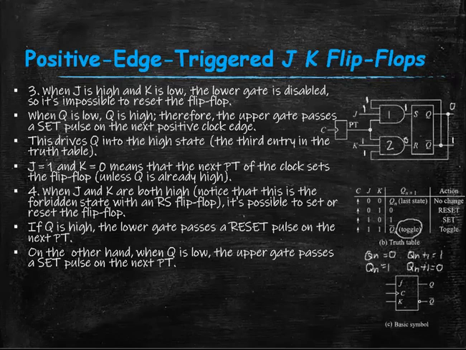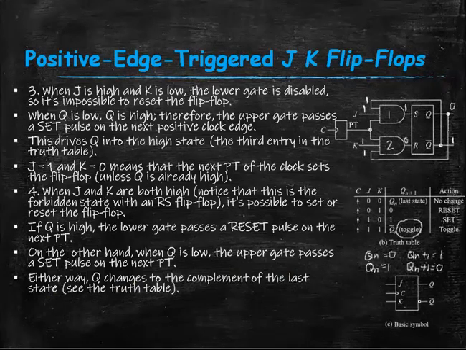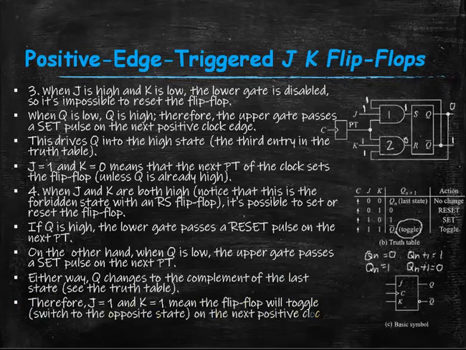The case J is equal to 1 and K is equal to 1 means the flip-flop will toggle on the next positive clock. This is the operation of the JK flip-flop.